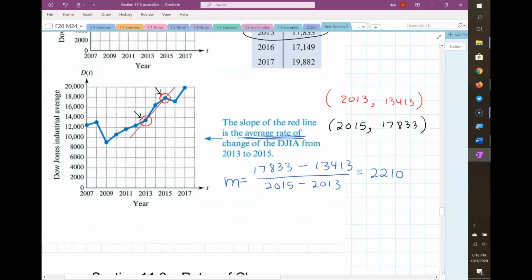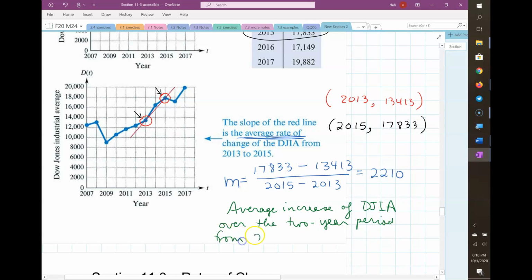So the interpretation of this, which is way more important to me than that you can find the 2210, is that this is the average increase of the Dow Jones Industrial Average over the 2-year period from 2013 to 2015.